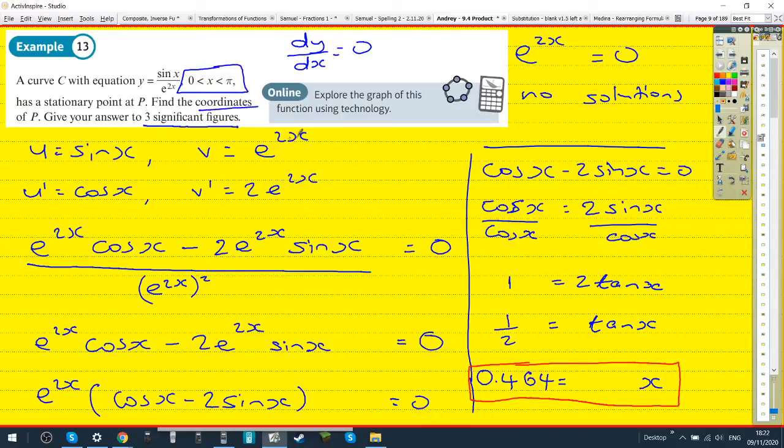Okay. So I'm doing sine 0.464 over e to the 2 times 0.464. If you're smart, you'll use the answer button. Do you have save as answer? I'll just do it now. Or you would do it with 5 sig figs because the final answer is around 3.